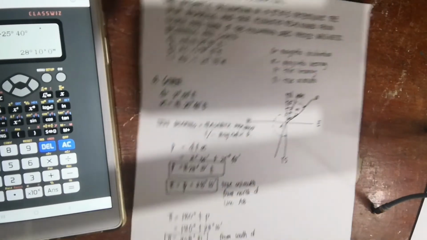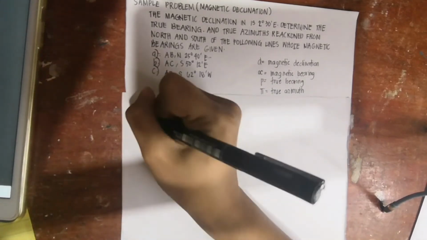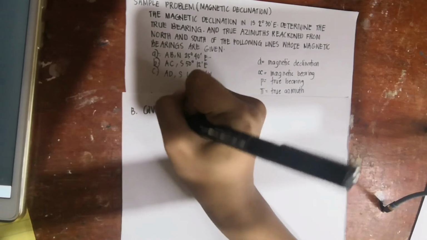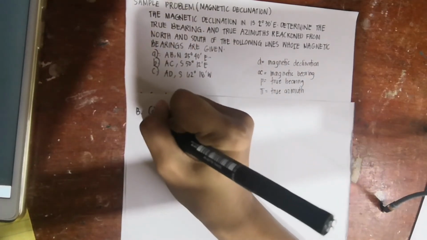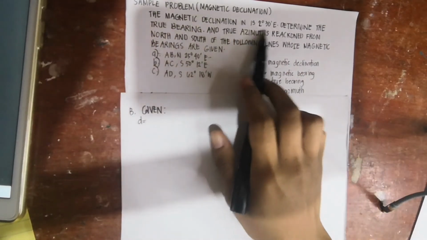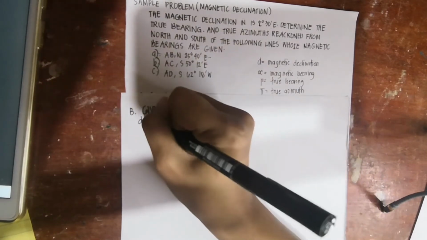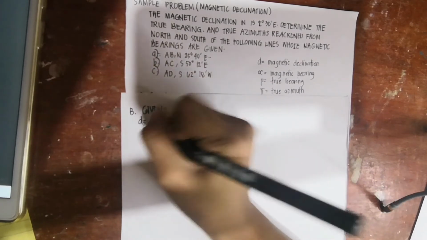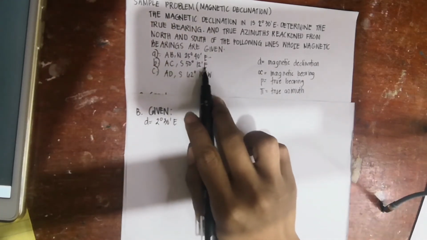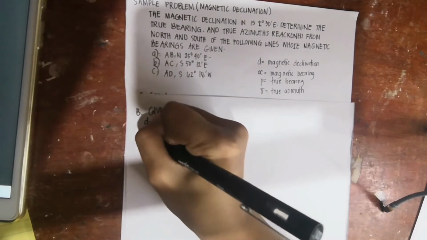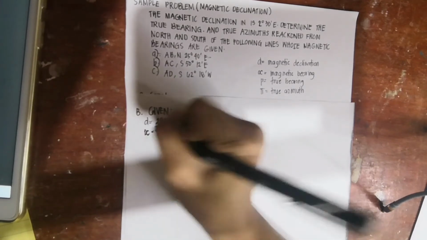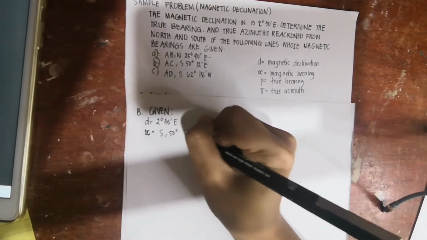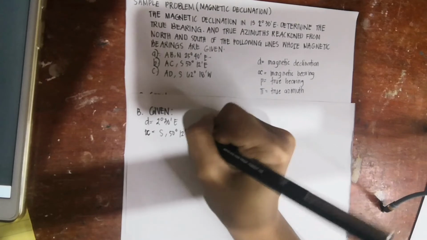Next, let's proceed to letter B. In letter B, the given magnetic declination is the same, 2 degrees and 30 minutes, but the magnetic bearing is different, which is S 50 degrees and 12 minutes east.